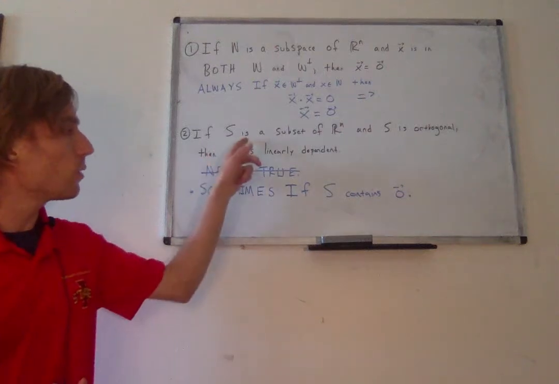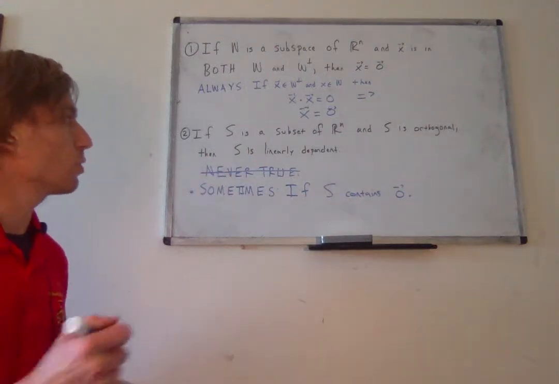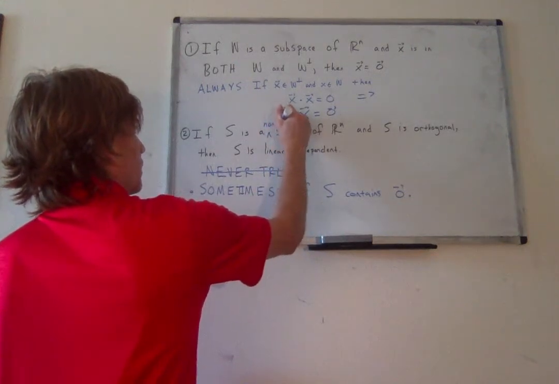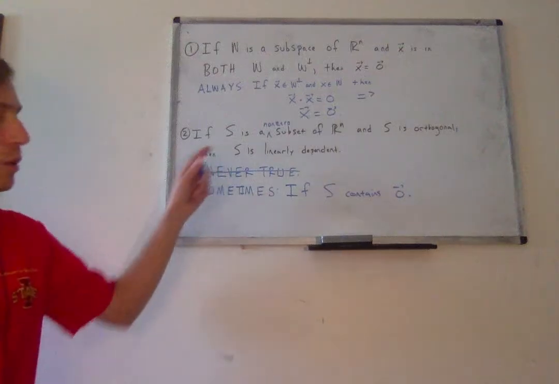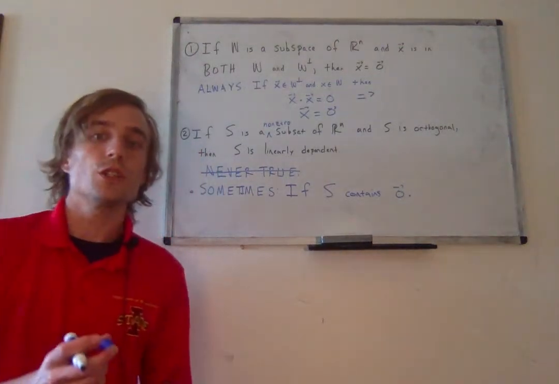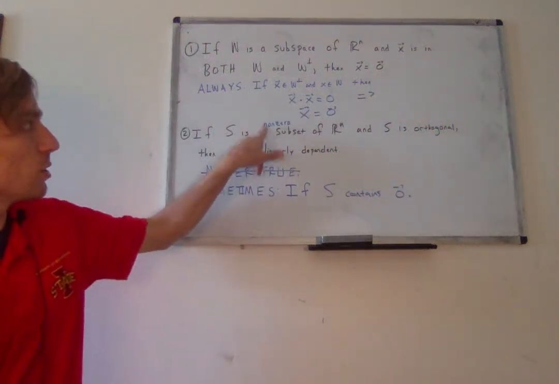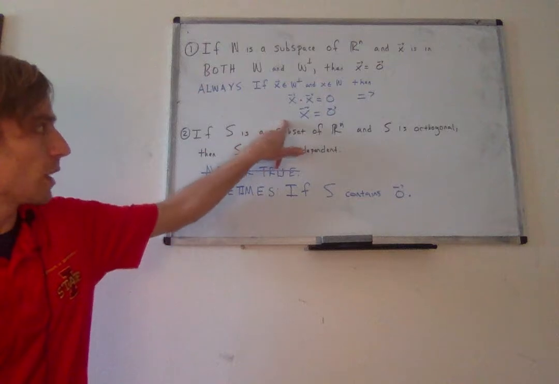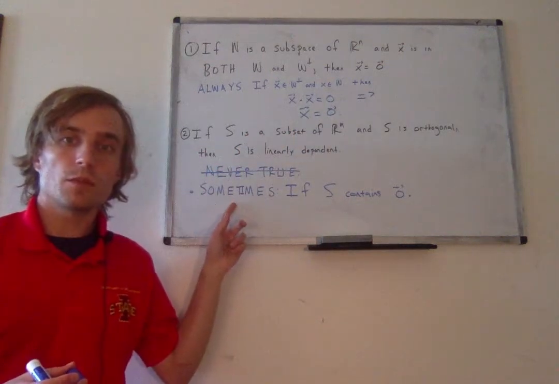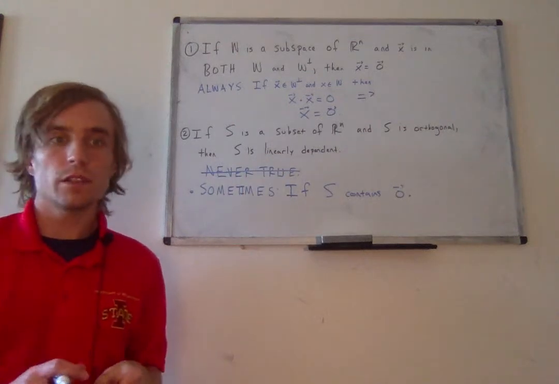Notice in this statement I had accidentally forgotten one specific thing. If I'd originally wanted this to be never true, what I would have had to change is add the word non-zero. Then you could use theorem 4 from section 6.2. However, if I don't add the stipulation non-zero, which I technically didn't, the answer would be sometimes, because again, if S contains the 0 vector, then S is automatically linearly dependent.